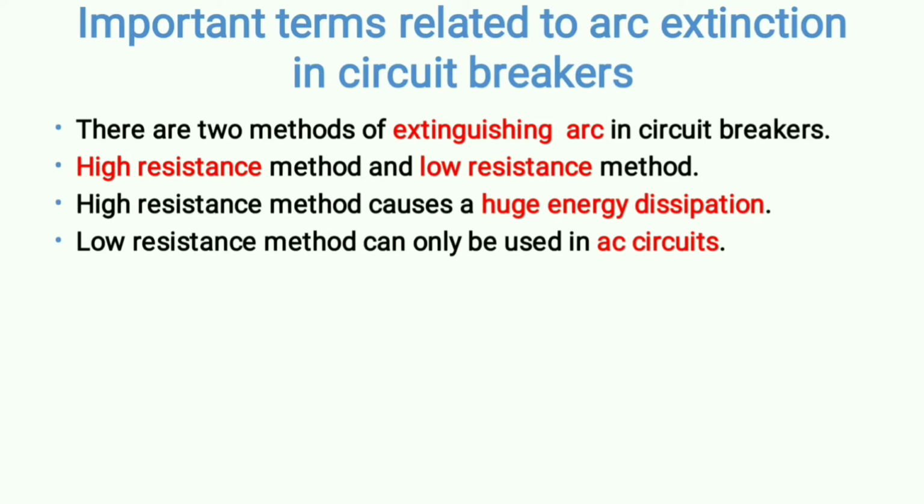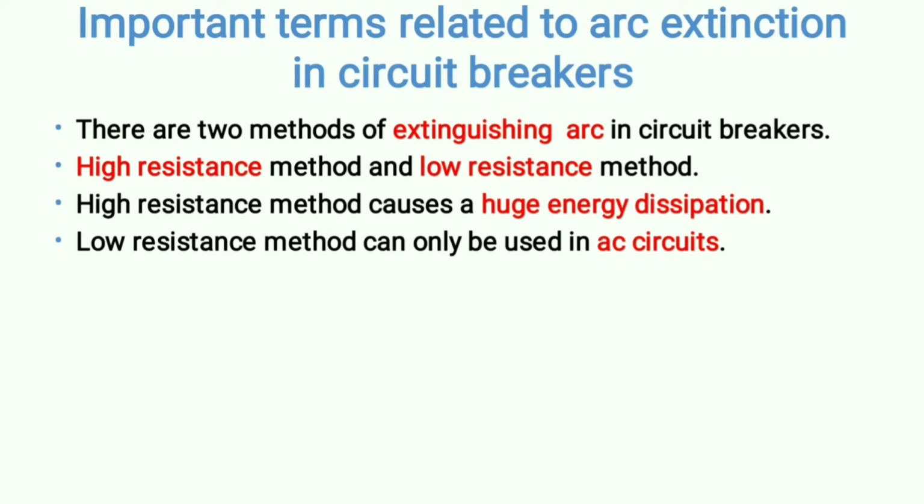In every cycle there will be two such points where the current will automatically be zero. The moment the current crosses that zero point, for that very instant the arc disappears, and at that instant the arc resistance is increased.